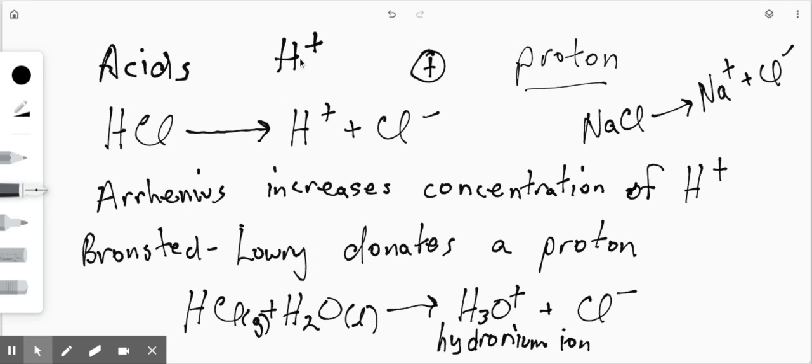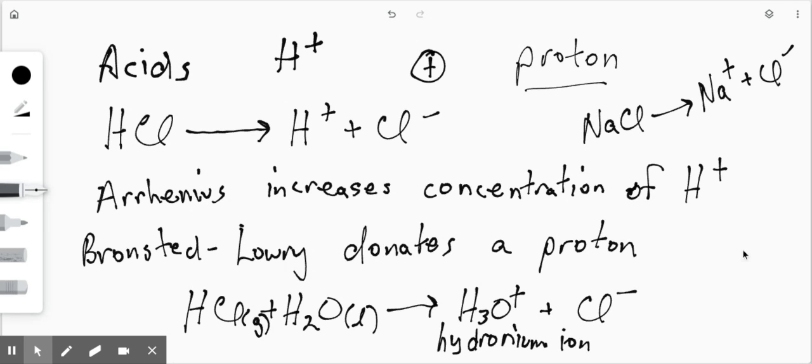In other words, an H plus. And you should be able to see how an H plus, which is this, is a proton. Understand that there's many different species that are able to increase the concentration of H plus in a solution. And many different species are able to donate a proton to something else. Okay, so we're going to find a lot of different examples of that.